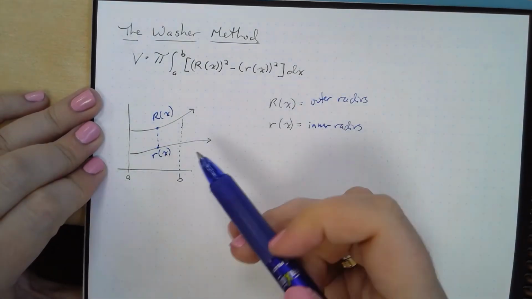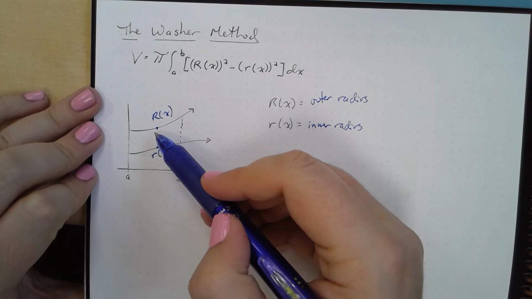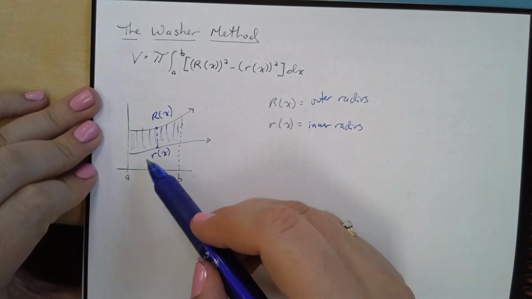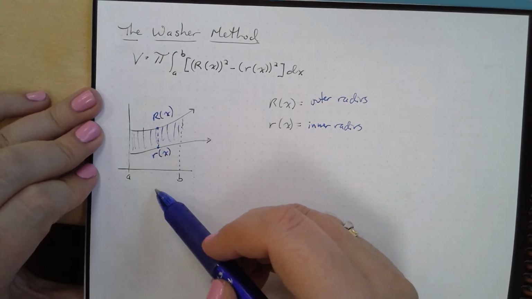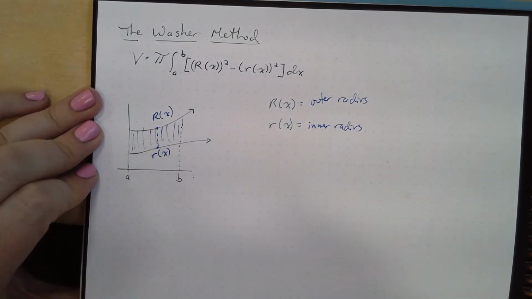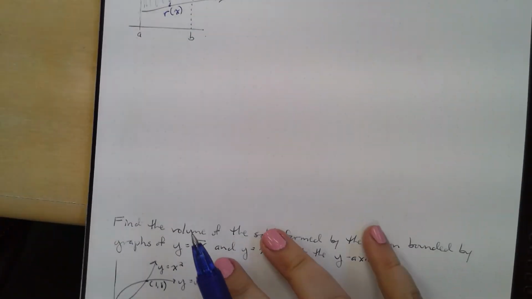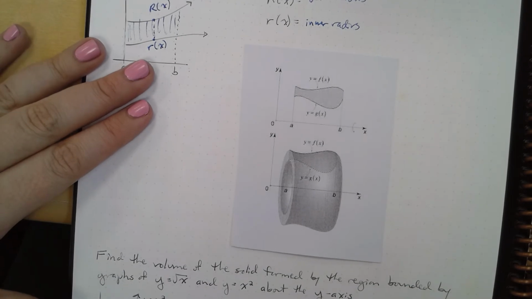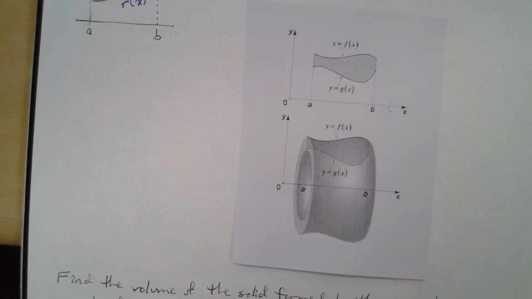If we rotate this in-between shape, we're going to end up having a hole in between. That's what the washer is. That's where we create the washer. I actually have an image here that I got off the internet. Hopefully it shows this a little better than what I can draw.